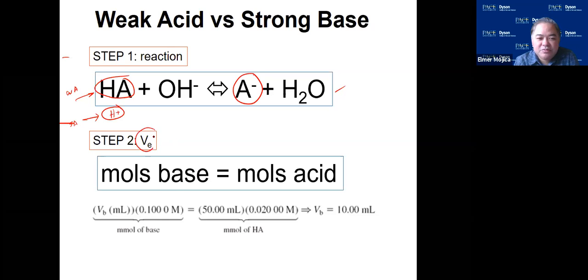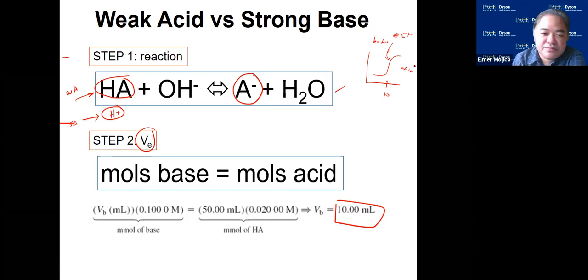And the equivalence volume that we have there is 10 ml. So what does it mean? We can have it like this: this is 10 ml, at equivalence point. This is before. And this is after.